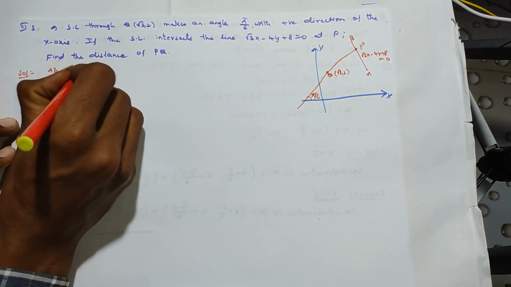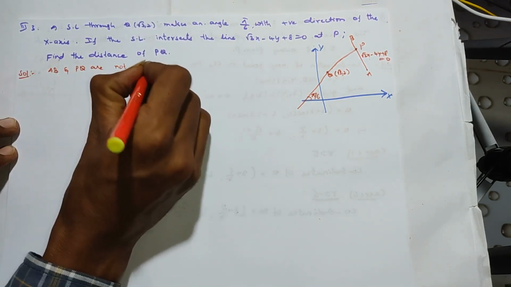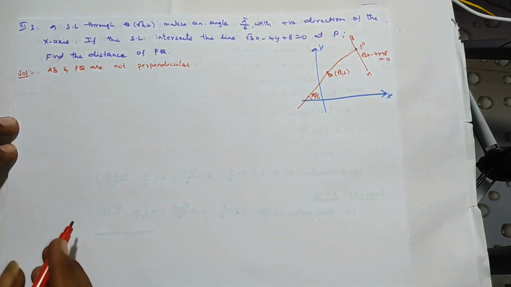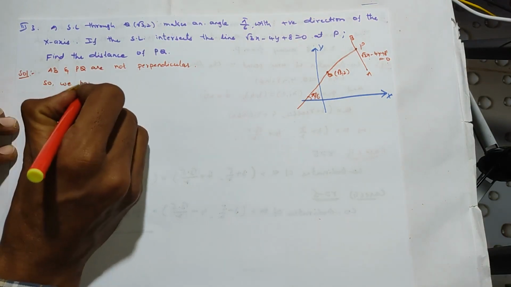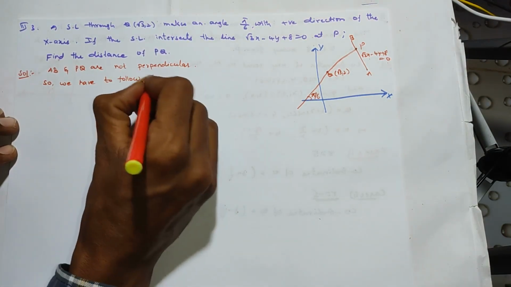See, solution. AB and PQ are not perpendicular. So we have to follow the first method only.